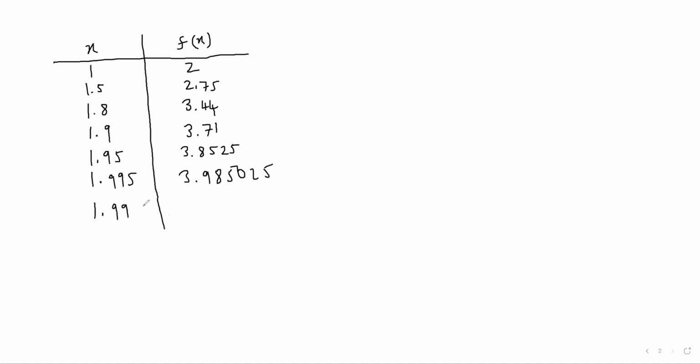Let's try 1.999 and see what it gives. It gives 3.997001. Now we can see in the right column, with the function values, that we had 3.985025 and now we have 3.997001.